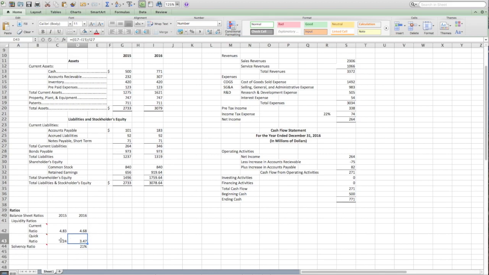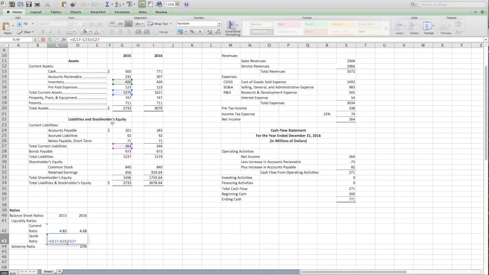So you can see in these cases, the quick ratio is a little bit less. Numerically, the current ratio is 4.8, and the quick ratio is 3.2. What we're doing here, as you can see by the formula, is taking this sum, G17, and subtracting G15, the inventory.